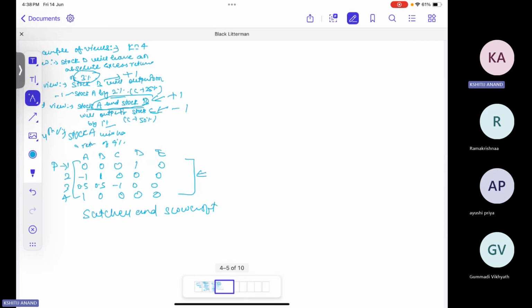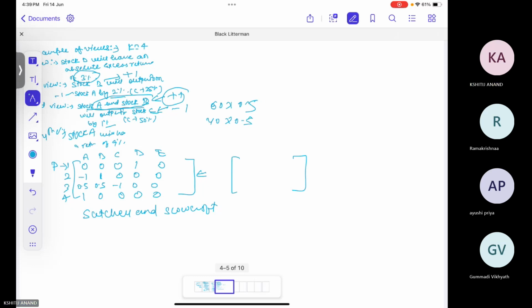There is another method where you can assign according to market capitalization. So you have to assign +1 to both of them, but you can distribute it according to market capitalization. If the market capitalization of A is, for example, 60% and B is 40%, then A will have 60% of 0.5, and B will have the contribution of 40% of 0.5.